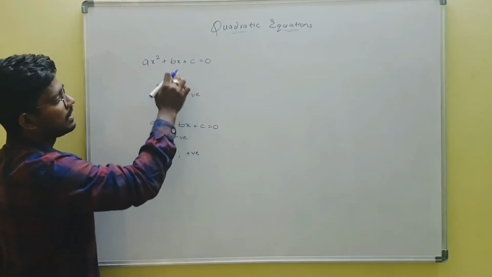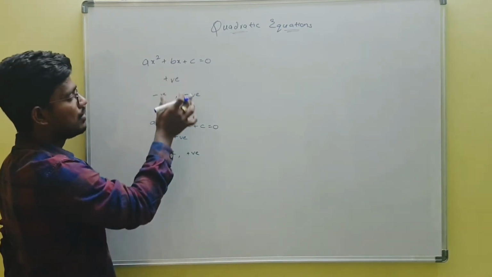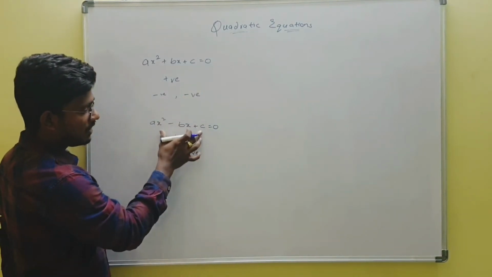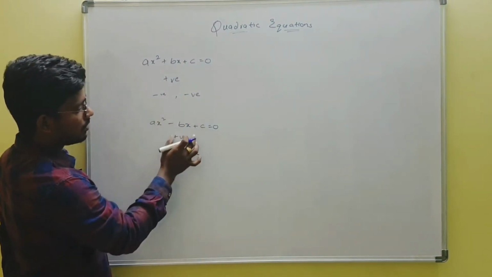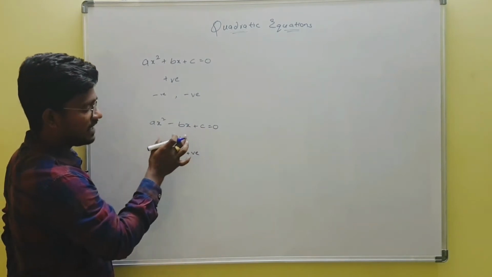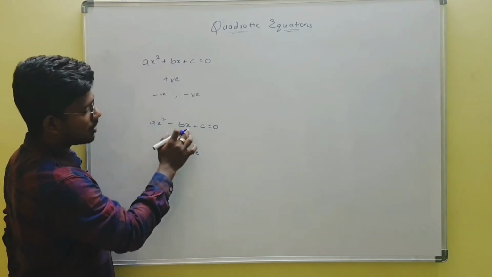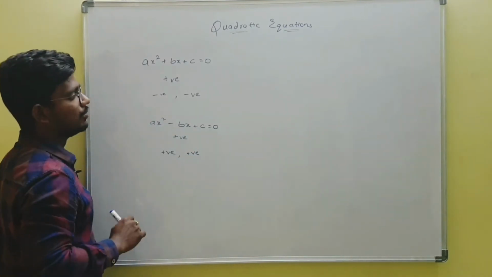Here in this case the coefficient of x is positive, so the roots obtained are negative, and in this case even though the product of a and c is positive, here we obtain the positive roots because the coefficient of x is negative.